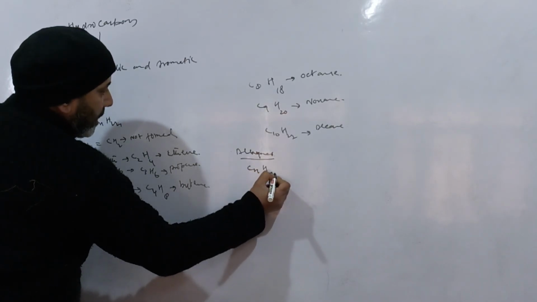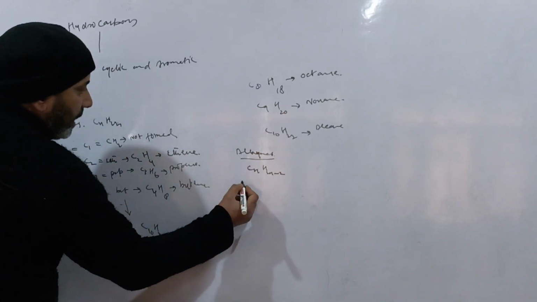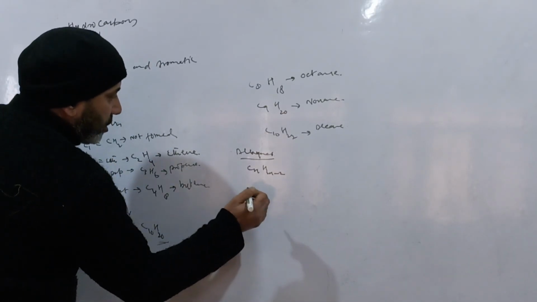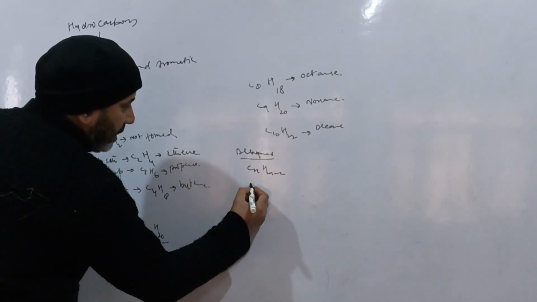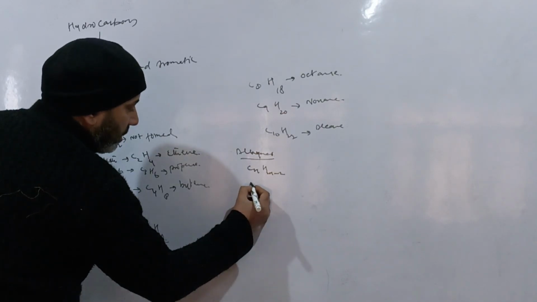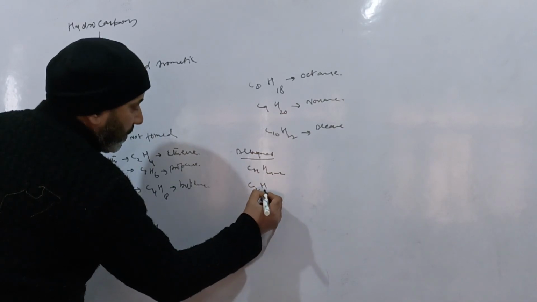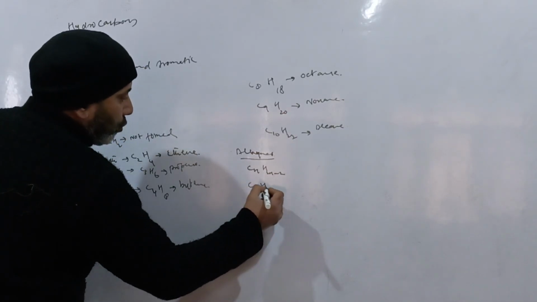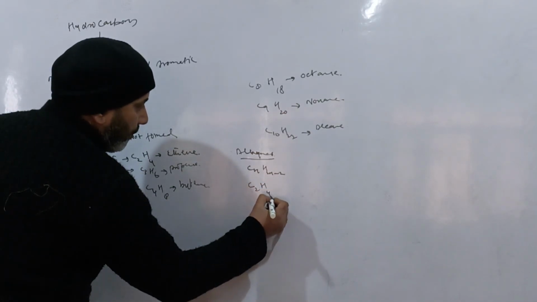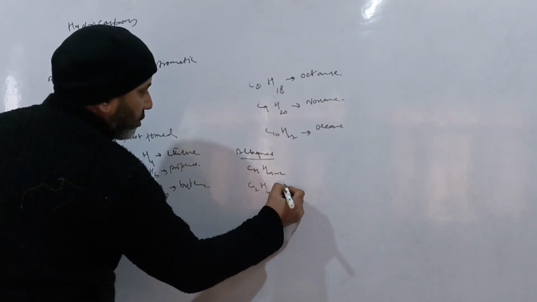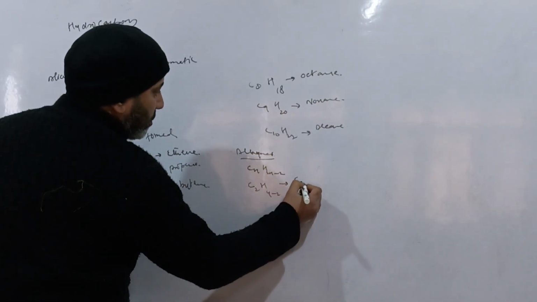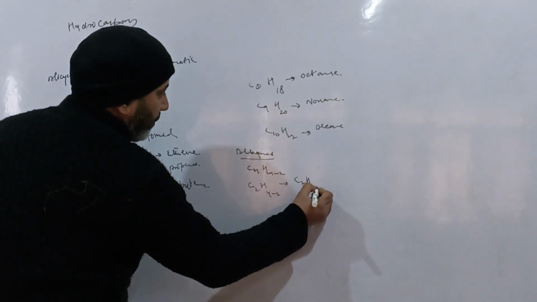The formula is CnH2n minus 2. C1 is not possible, so the first molecule will be C2H(2 times 2 minus 2), C2H2.